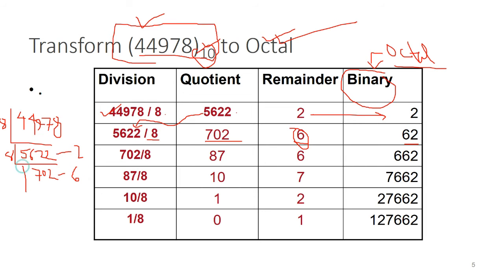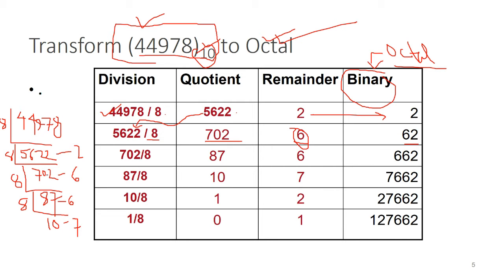Then again, if we divide 702 by 8, we get a quotient of 87, and the remainder is 6. Then again, if we divide 87 by 8, we get a quotient of 10, and the remainder is 7.